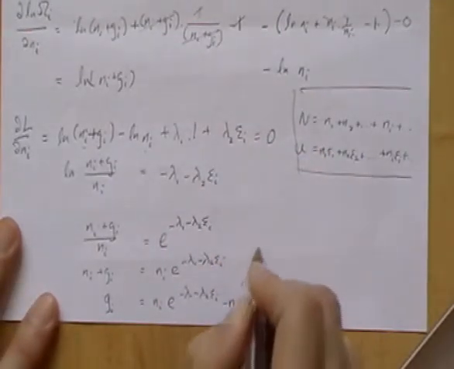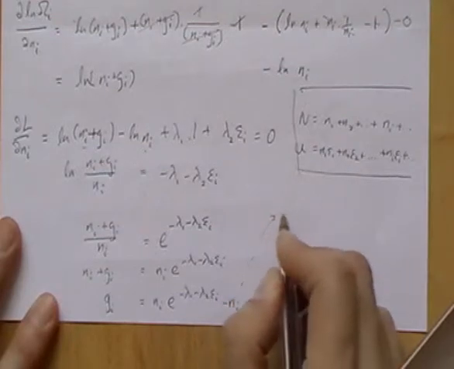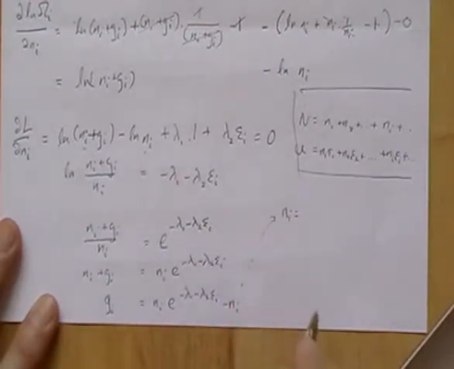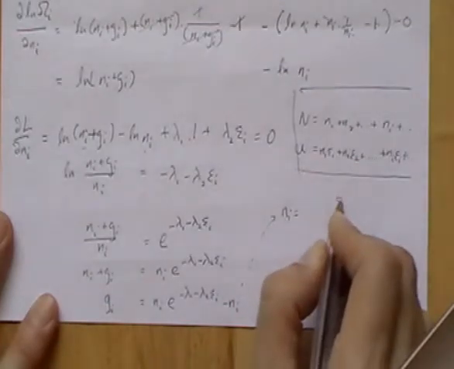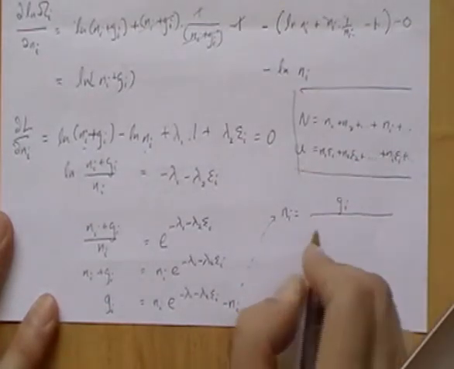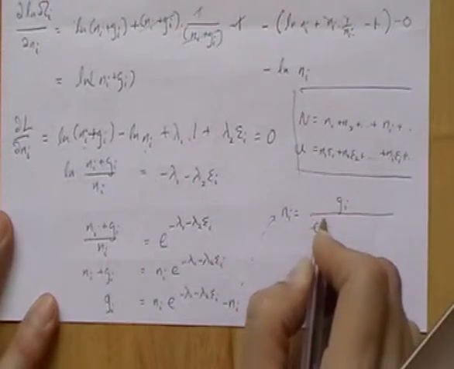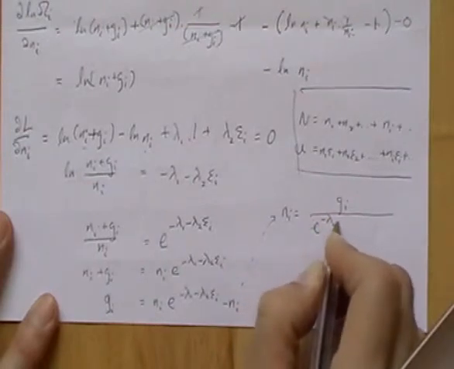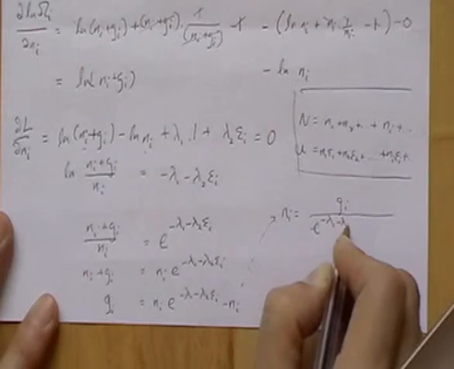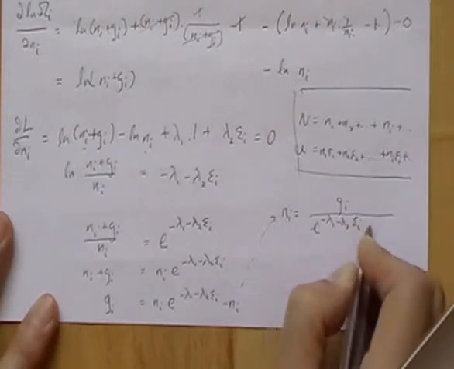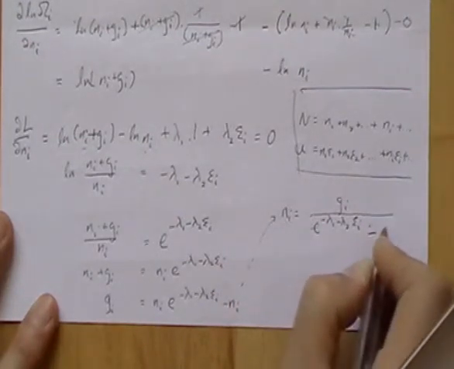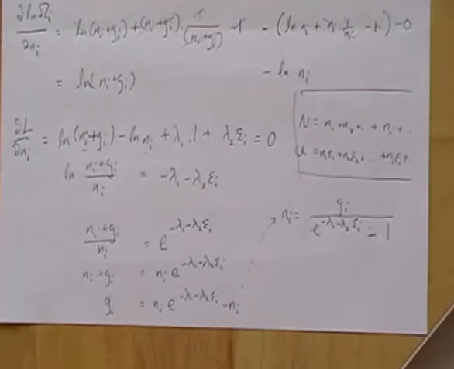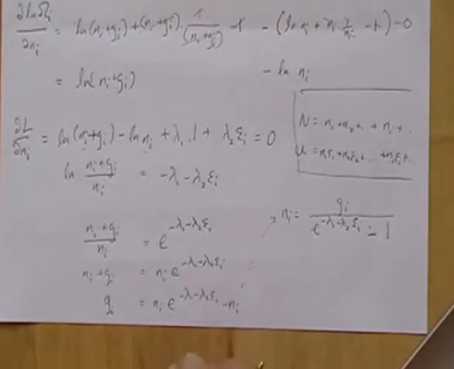Okay, so I'm going to do it up here. So ni is equal to gi over e to the minus lambda 1 minus lambda 2 ei, minus 1. So we have found ni.